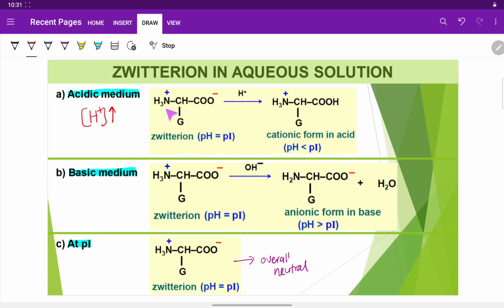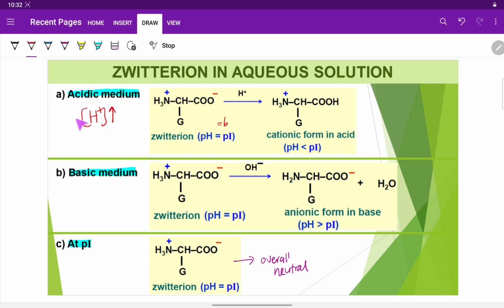So katakan this structure PI sama dengan 6. Dalam acidic medium maksudnya bila pH katakan sama dengan 5, kurang daripada 6, so dia berada dalam acidic medium. pH is less than PI. So apa yang akan berlaku dekat sini?